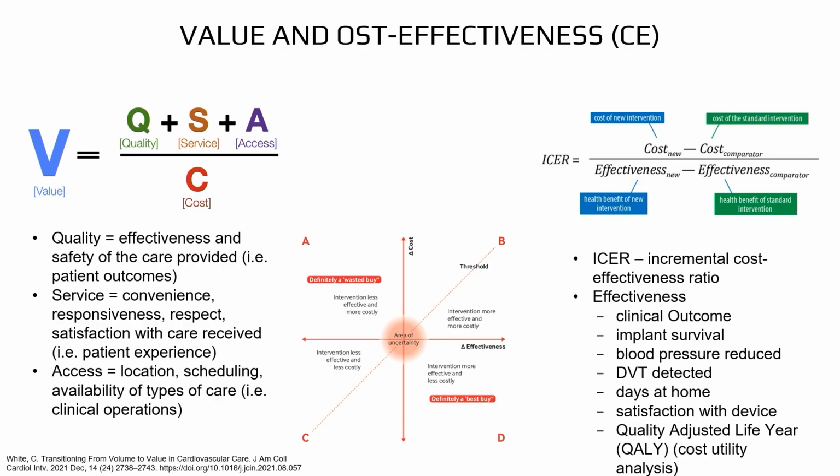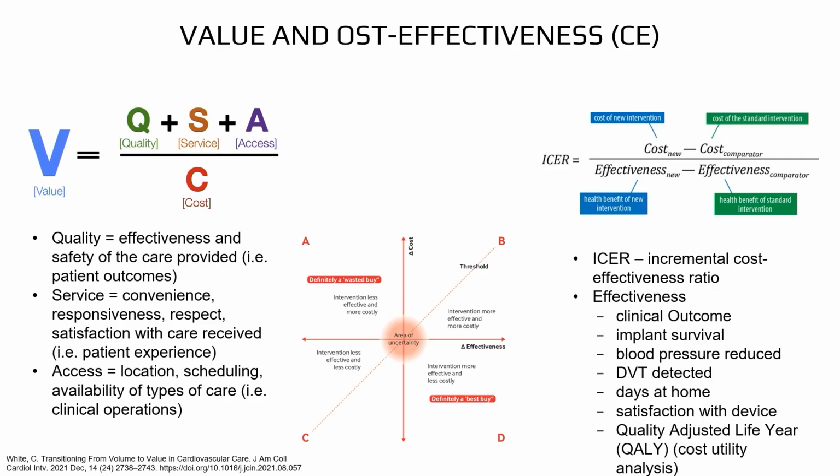So when we think of cost effectiveness, typically we model things using an incremental cost effectiveness ratio. And we compare 2 things. We compare intervention A to intervention B. And we look at the numerator, the cost difference between those two, and then we have some sort of measure of effectiveness. And that effectiveness measure can be measured various ways.